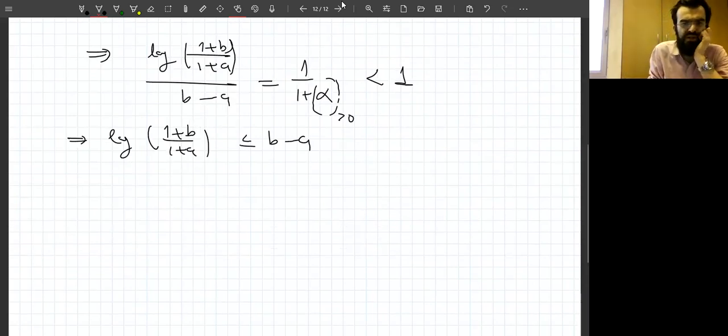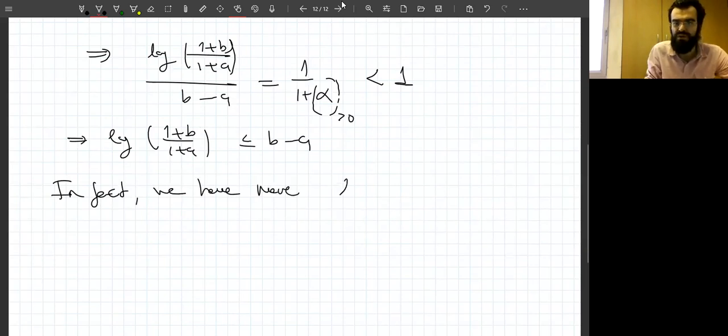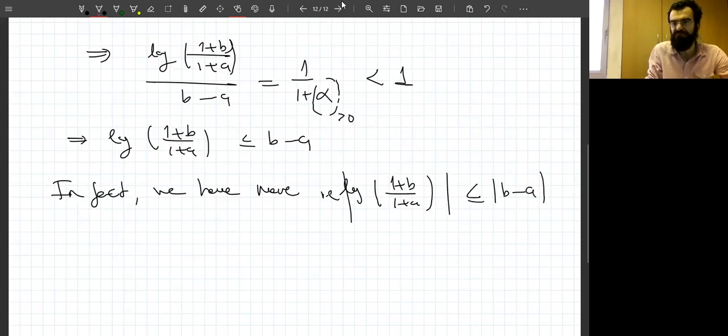Look at this. In fact, let me write. In fact, we have more: the absolute value of logarithm (1 plus b) over (1 plus a) is less than or equal to the absolute value of b minus a. So b greater than a, we are done.